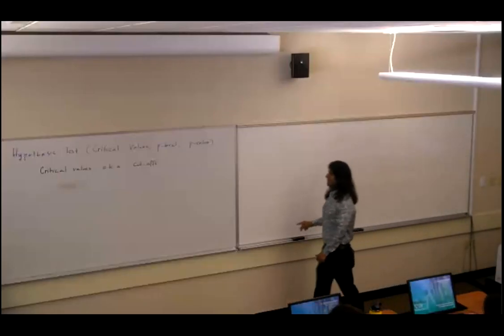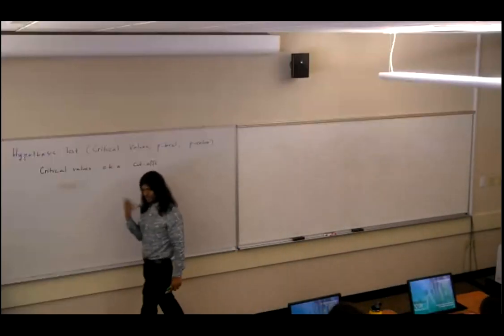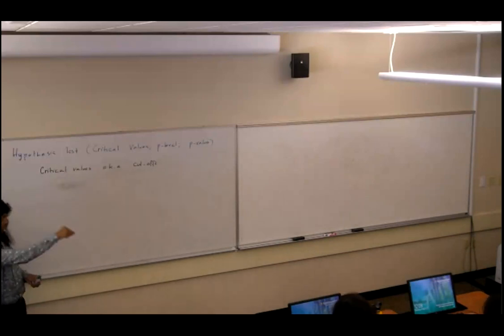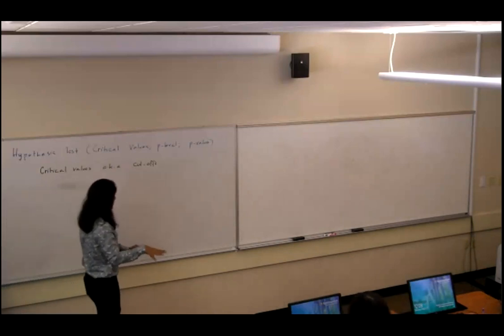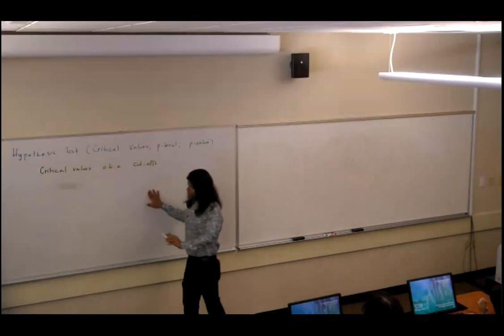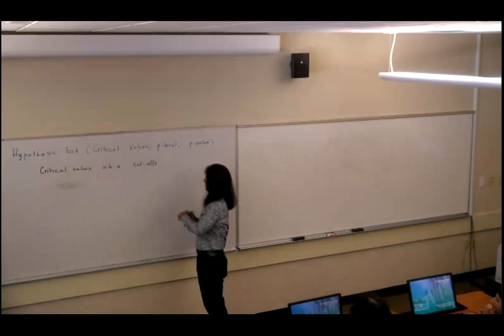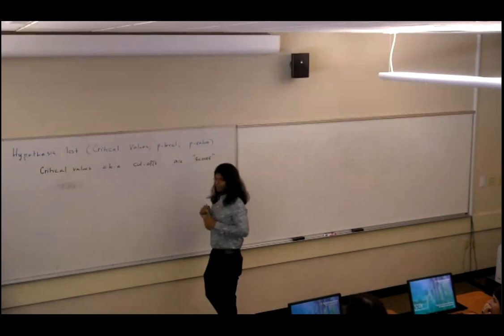By all means, a critical value or a cutoff is just a score. There is a difference between an observation and a score. The score is a standardized version. We will not get into too much detail. Critical values, also known as cutoffs, are simply scores.